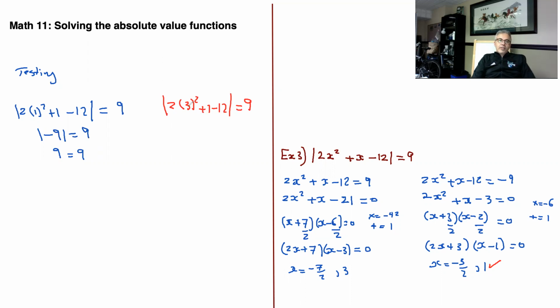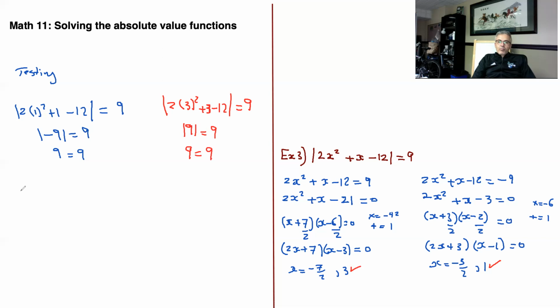Sorry, that's a 3 right there, because I'm subbing 3 in for the x. So that's 2 times 3 squared plus 3 minus 12. So 3 squared is 9. 9 times 2 is 18. 18 plus 3 is 21. 21 minus 12 is 9. Absolute value equals 9. And yes, that's gonna be 9 equals 9. So the 3 also works.